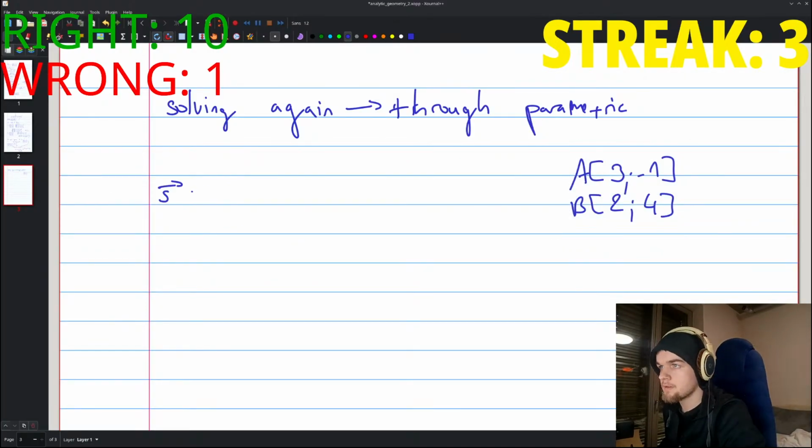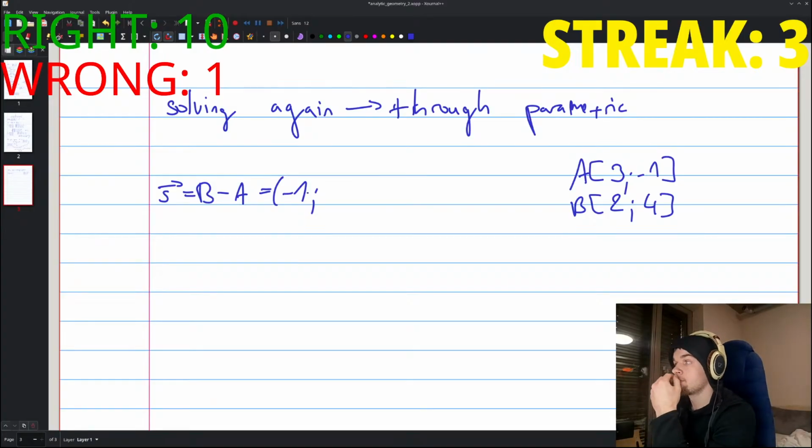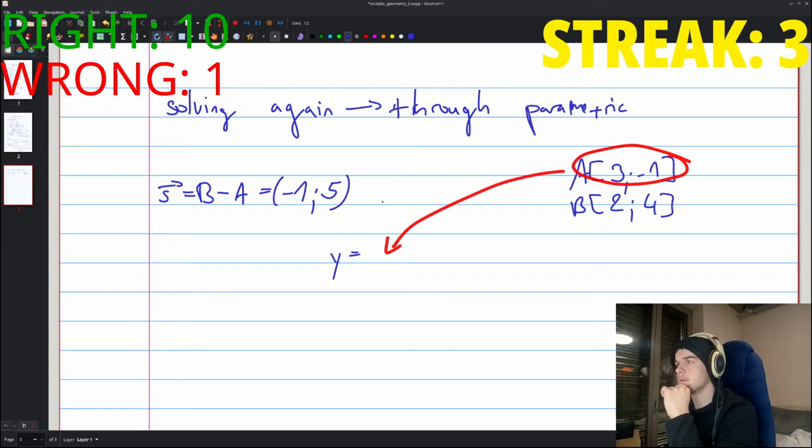So as we already calculated, the pointer vector of this is b minus a, which is of course 2 minus 3, that's minus 1, and it's 5. And now we can just do the... No, I think you put this here, if I remember correctly.